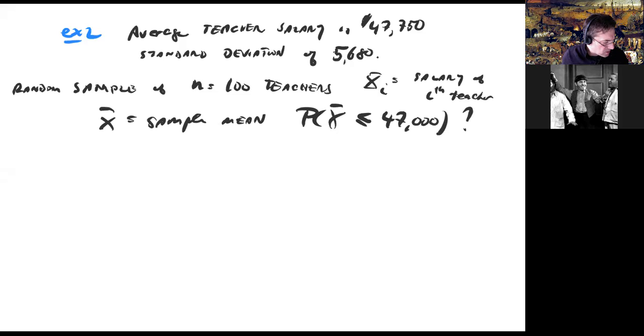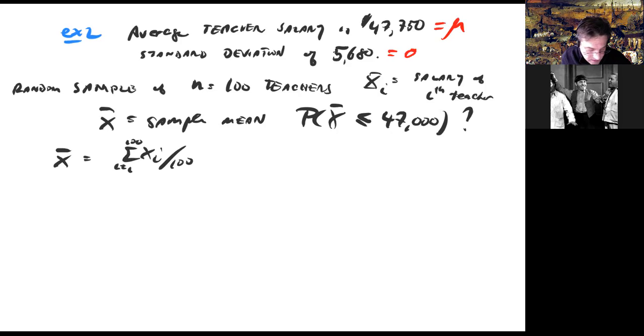So the sample mean X bar is the sum of the xi's, i goes from 1 to 100, divided by 100. To compute this, we need to know what mu is and what sigma is. So we know that mu is this, and we know that sigma is this.